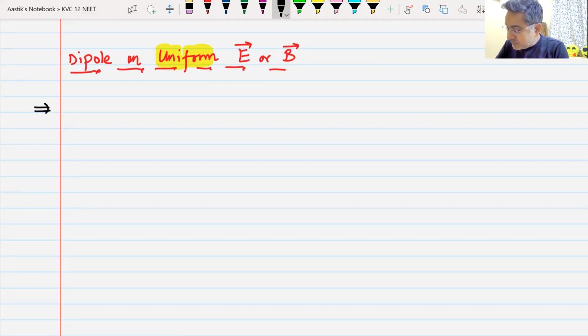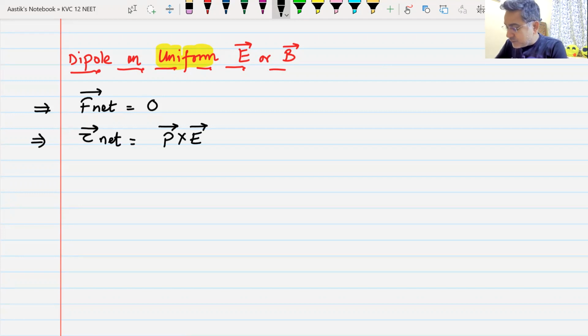Point number one, net force is always zero. Point number two, torque vectorially is given by P cross E. It is the cross product of P with E, or the cross product of M with B.